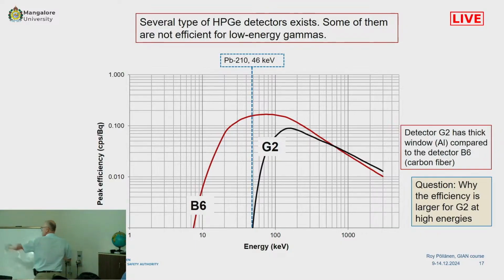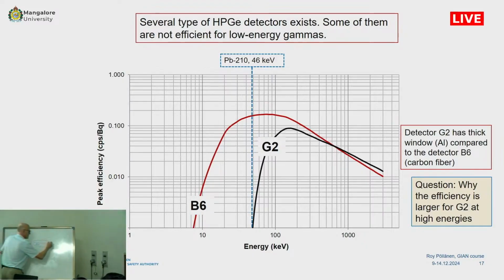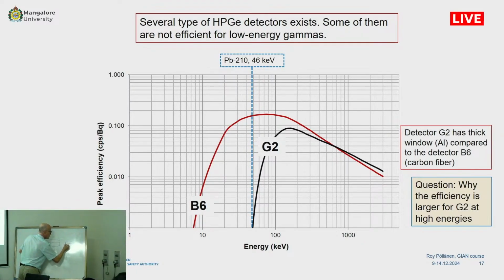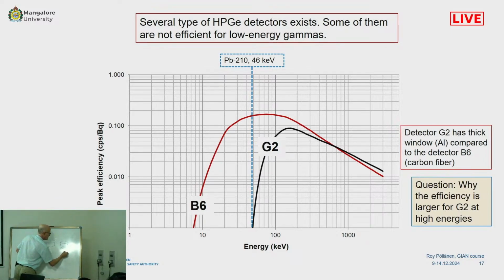So this B6 is like this one, and I think G2 is something like that. So this is longer.